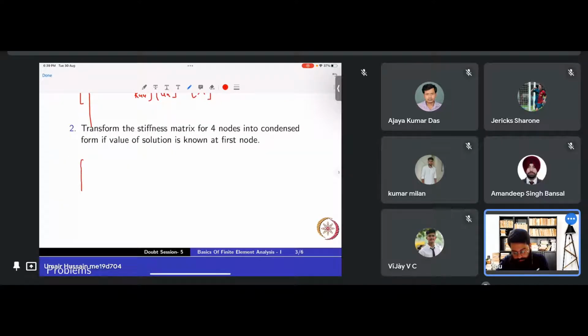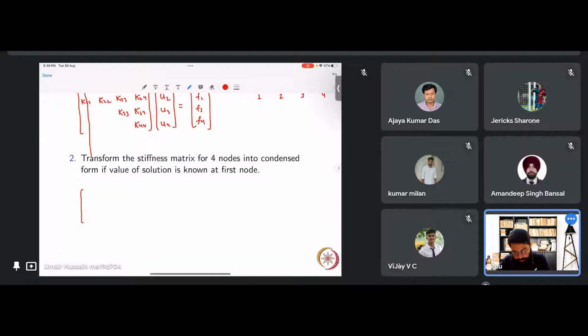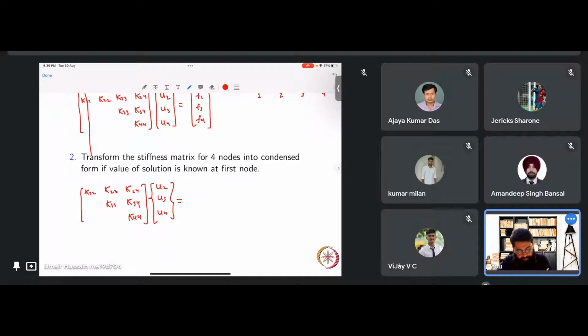So the matrix elements remain unchanged: K22, K23, K24, K33, K34, K44. And here also we'll be left with u2, u3, u4. Since u1 is known, we don't need it. But there's a change that comes into the first term.